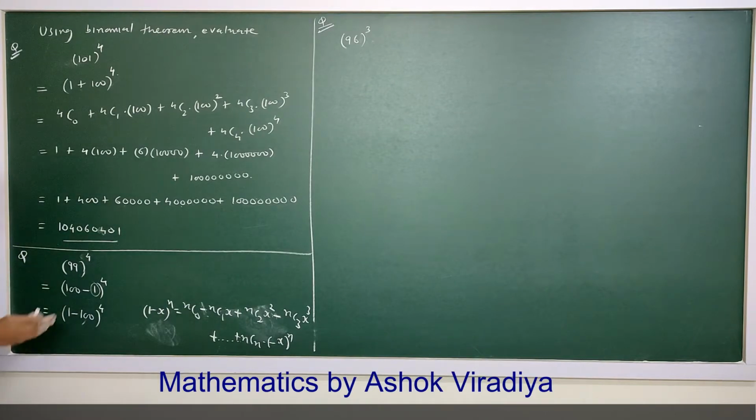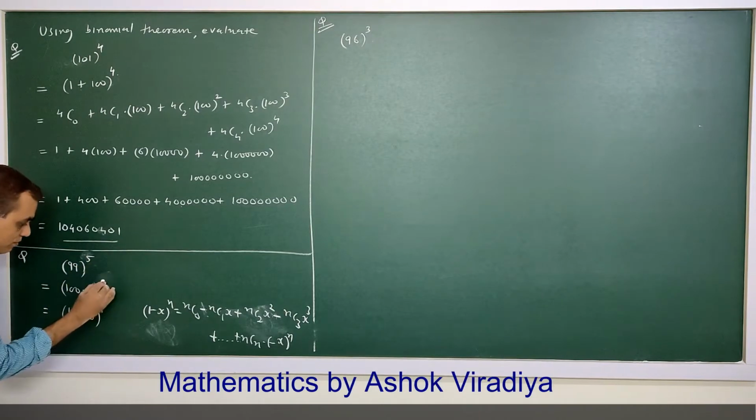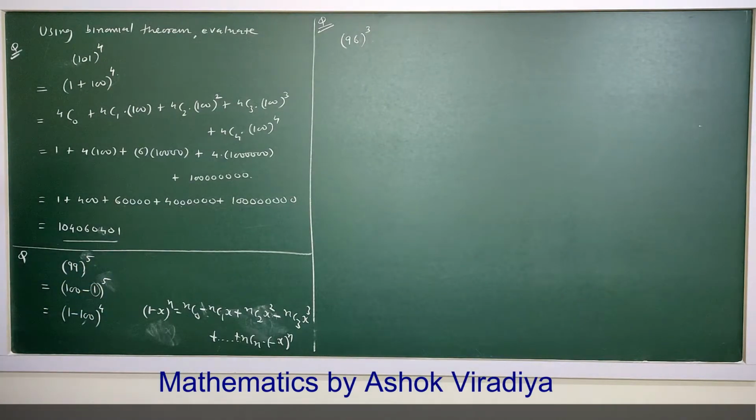Now suppose the power is 5, an odd power. Then you cannot keep this as it is. If there is an odd power and you change the order in the bracket, (a minus b) raised to n becomes (b minus a) raised to n, and a minus comes out. The minus will be the main sign.